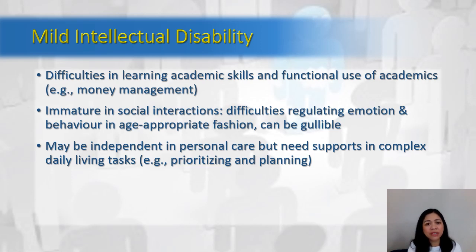So, an example of this would be throwing tantrums in an age inappropriate fashion. So, she's throwing tantrums at the age of 9, which is inappropriate for her age. They can also be gullible. They can be independent in personal care but need support in complex daily living tasks such as prioritizing and planning.